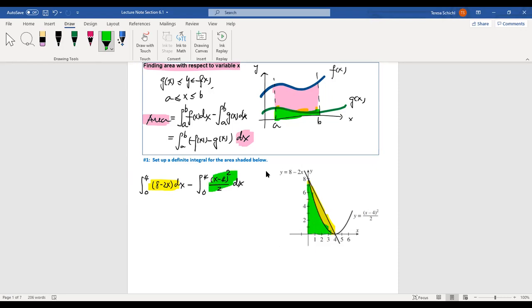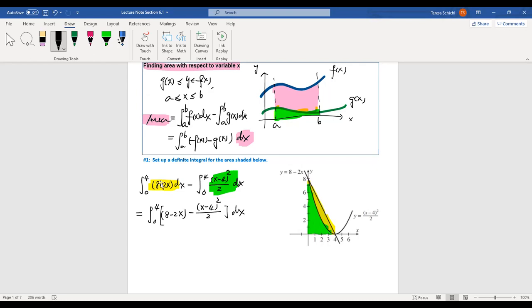Let me highlight this in green. Now, because they have the same integration boundary, I can just combine them. So this is 4 minus 2x minus (2x minus 4) squared, the whole thing, and the dx is here, right?